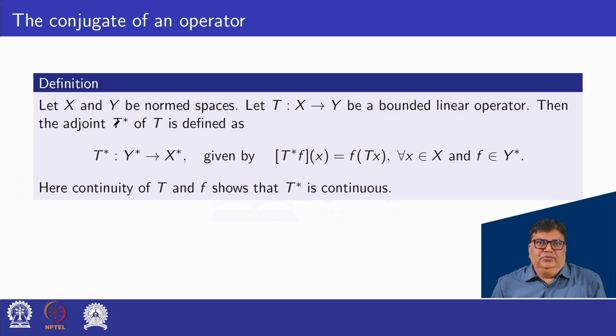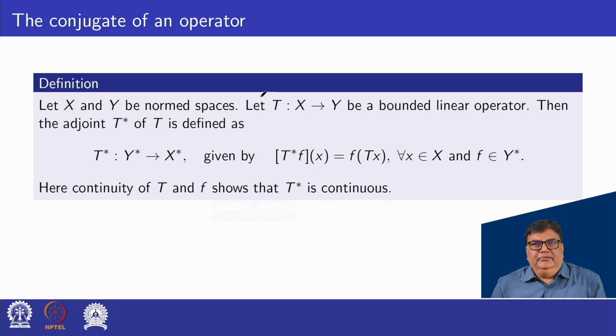Then the adjoint T star of T is defined as T star: Y star to X star, given by (T star f)(x) equal to f of Tx for all x belonging to X and f belonging to Y star. Here the continuity of T and f shows that T star is continuous.